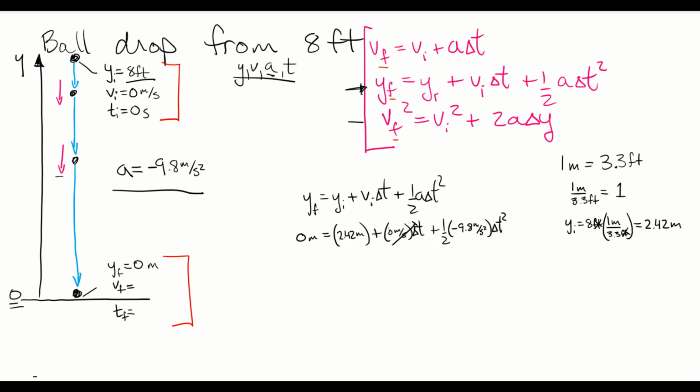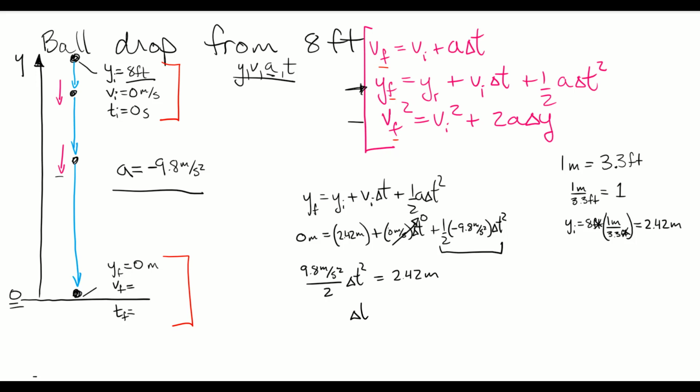That 0 makes that term 0, and now I can start to just do some algebra to solve for what I need. So I can bring this term over to the other side because it's got that negative there. I get 9.8 meters per second squared divided by 2 times delta t squared is equal to 2.42 meters.